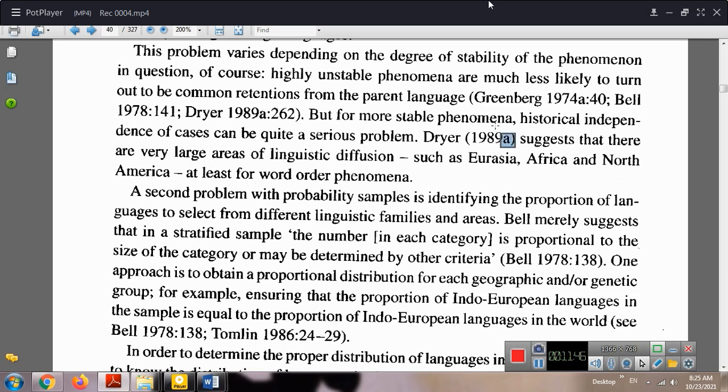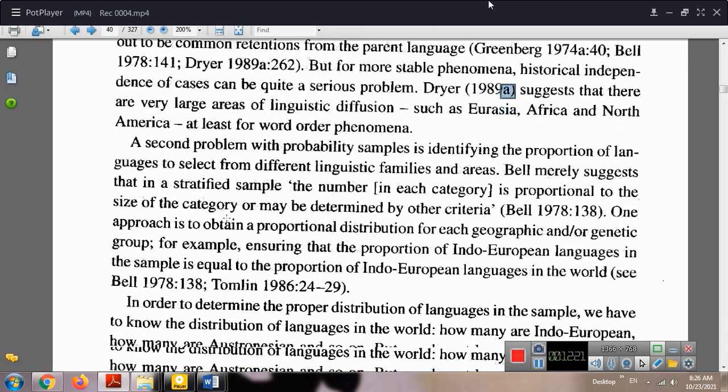It means that in this book we have more than one source or article or book from Dryer which belongs to this year, and we differentiate them from each other by this letter. Okay, Dryer in 1989 suggests that there are very large areas of linguistic diffusion, such as Eurasia, Africa, and North America, at least for word order phenomena.